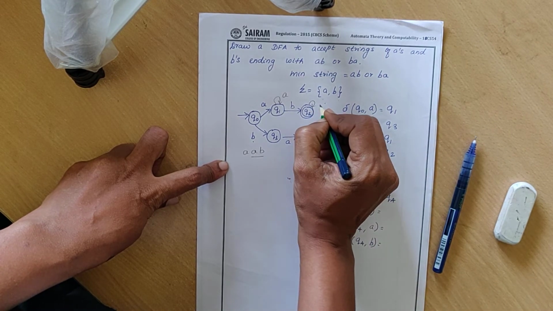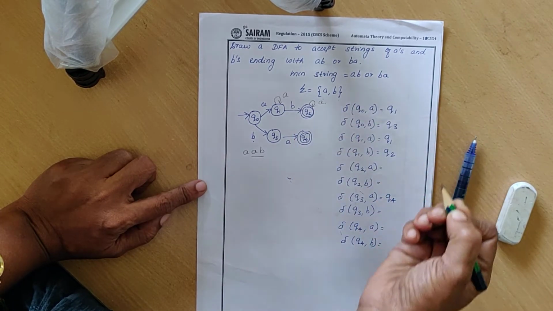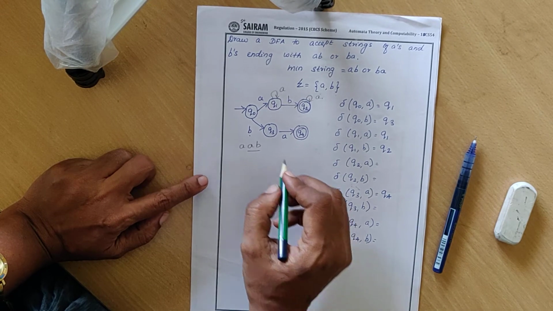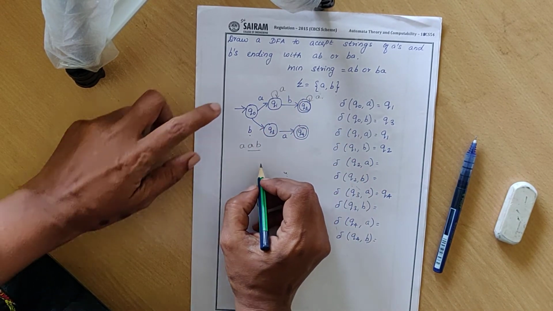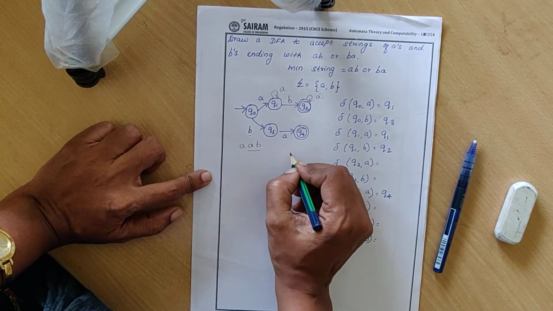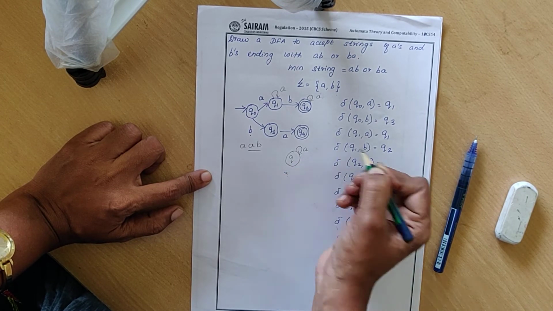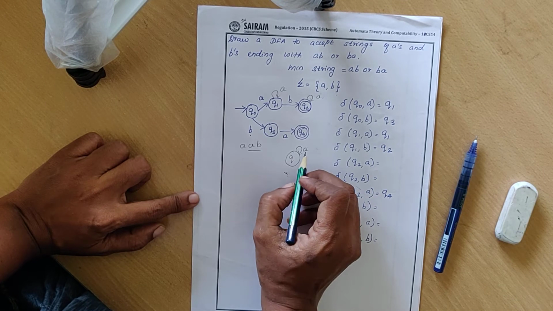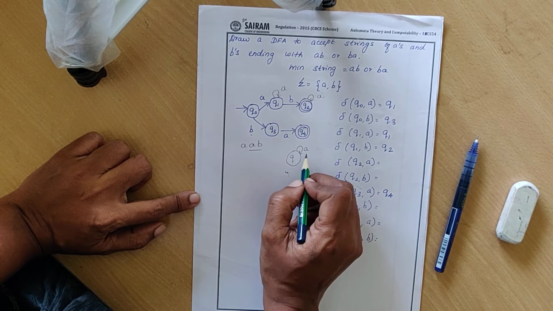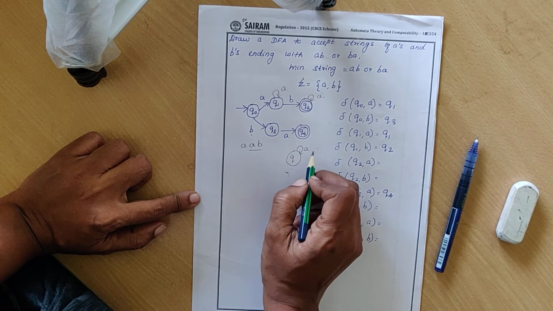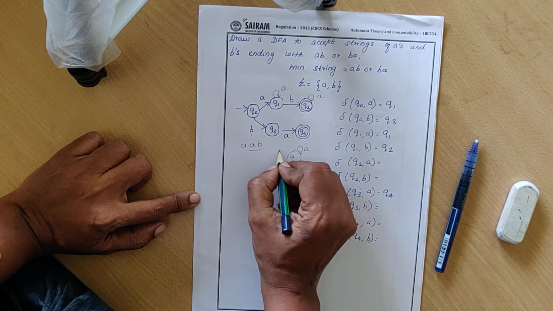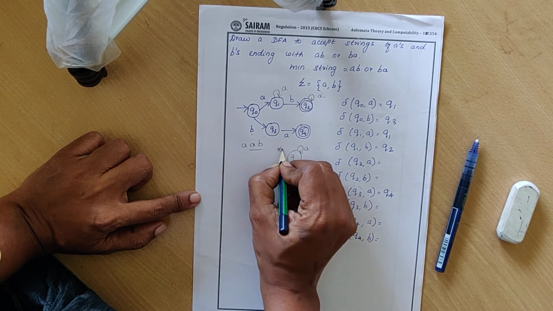So for Q2 comma A, I'll check with self loop. Right? As I have told you in the previous classes, any state with a self loop represents that it can have more A's. It is a pictorial representation of the operator star.